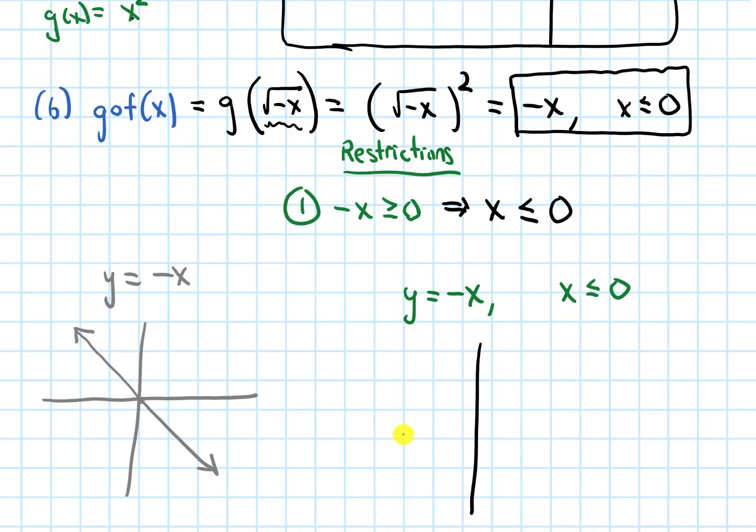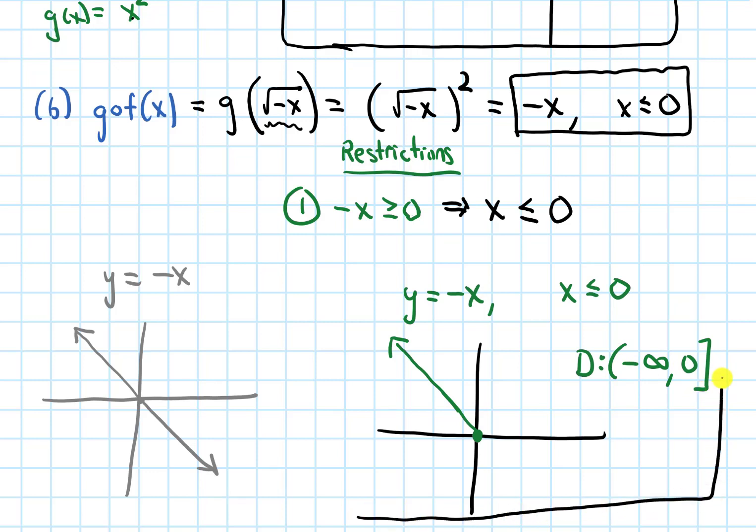Let's draw some axes. With this domain restriction, x is not allowed to be a positive number. We're just going to look at the part of this graph where the x values are less than or equal to 0. That would start here at the origin and then go onwards like this. So that is my graph. And the domain, in interval notation, is -∞ to 0 with a bracket. All right, and that is our graph. That is our domain.